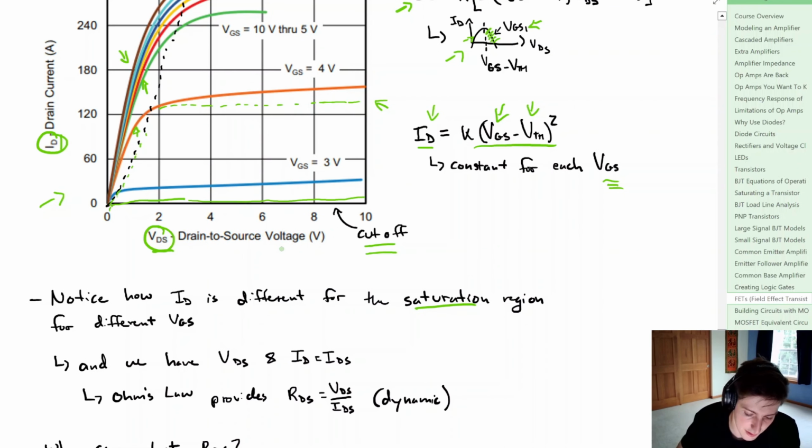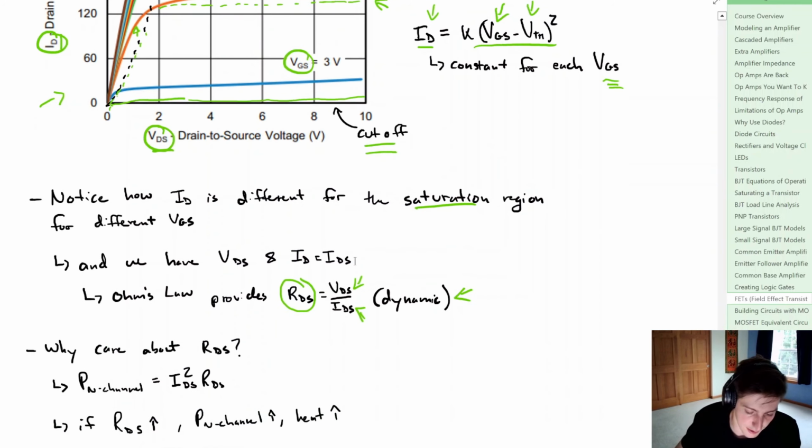So we could divide the voltage by the current, and that's going to give us some resistive value, which we call RDS. And that's going to be dynamic because we will have different values depending on what VGS we use. Now, why do we care about this RDS value? Well, recall what the equation for power is. And that's going to be equal to the current, ID squared or IDS squared, times that RDS value.